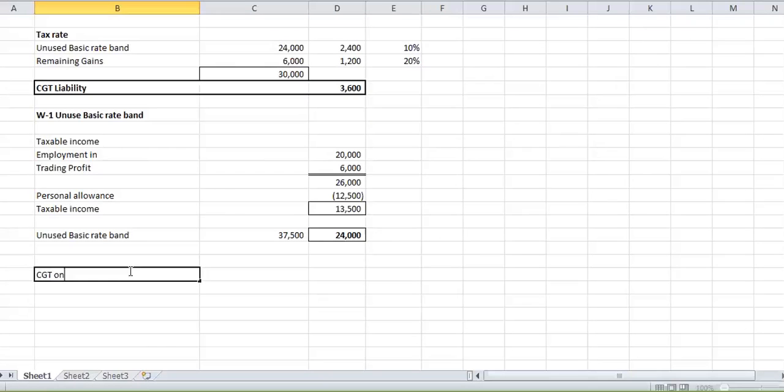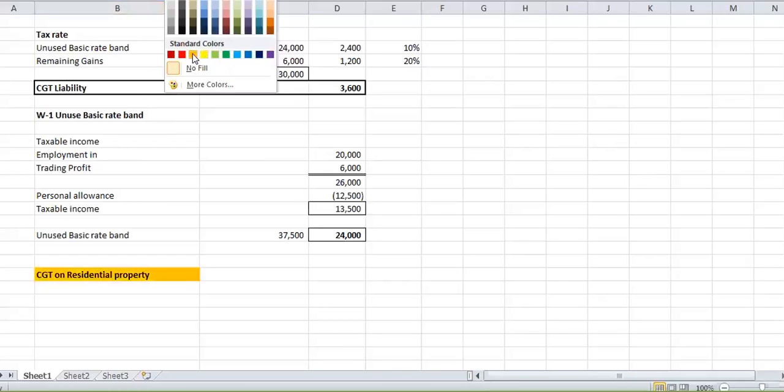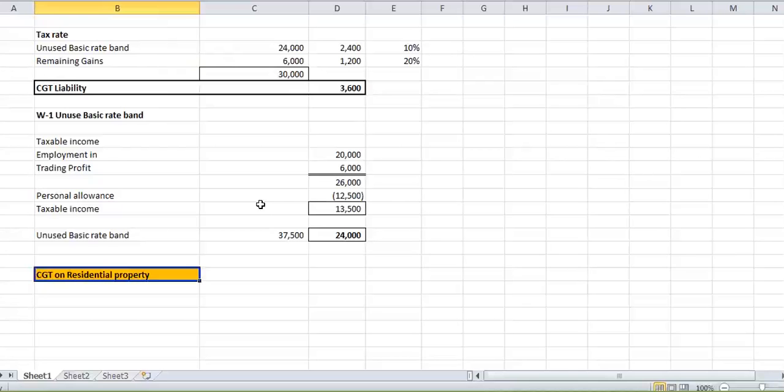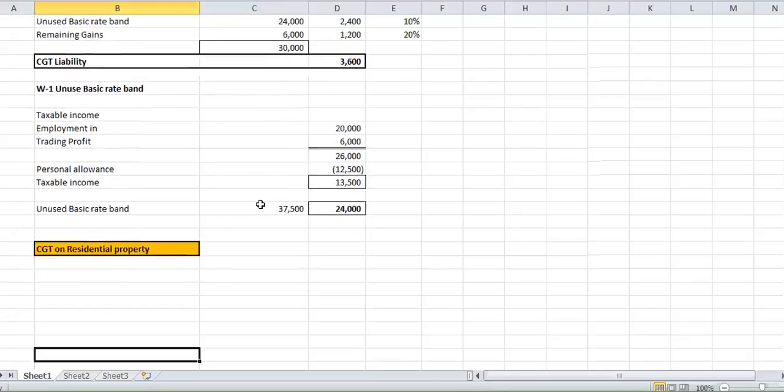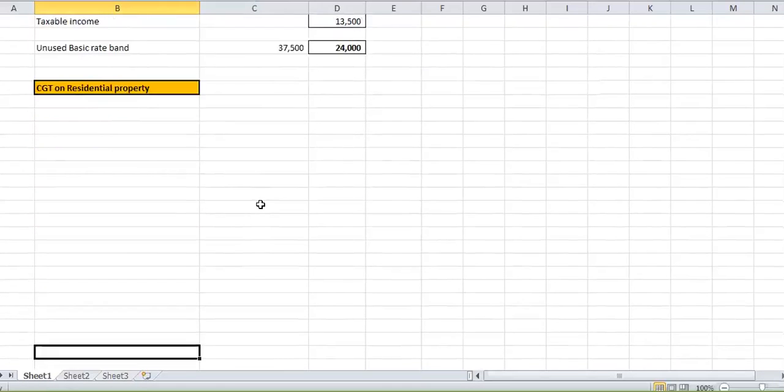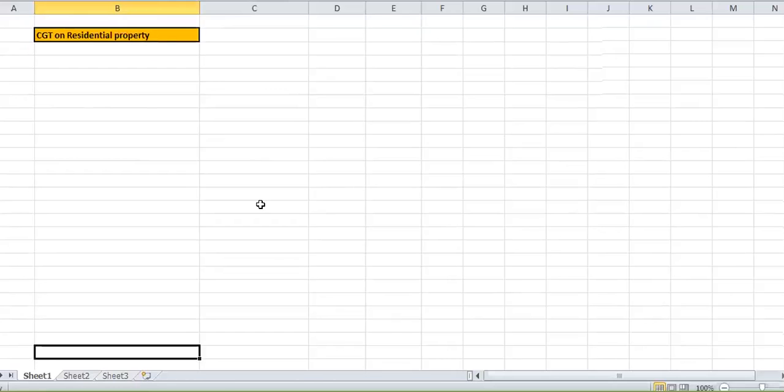CGT on residential property. So we are going to discuss capital gain tax on residential property, how to calculate capital gain tax on a residential property.